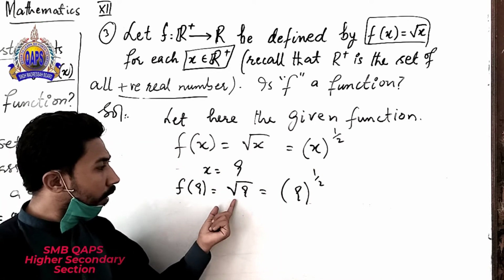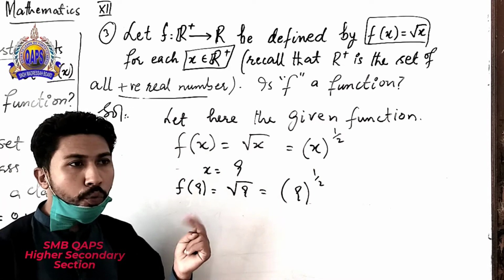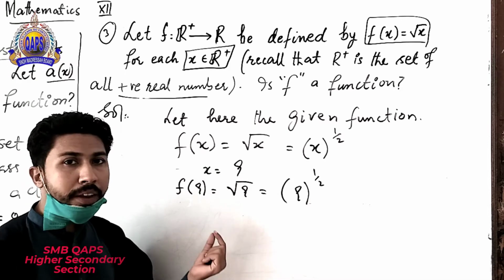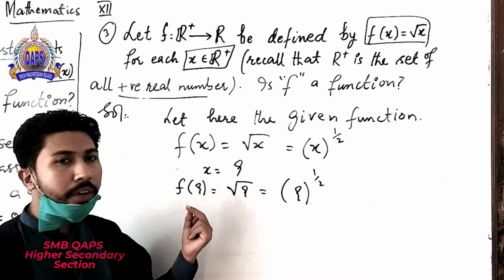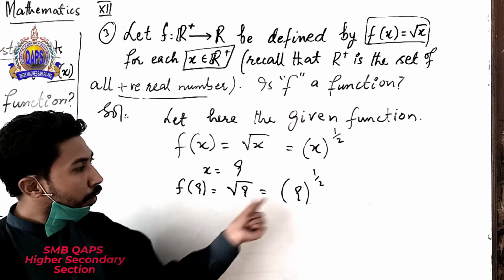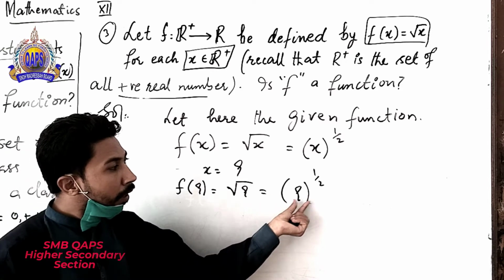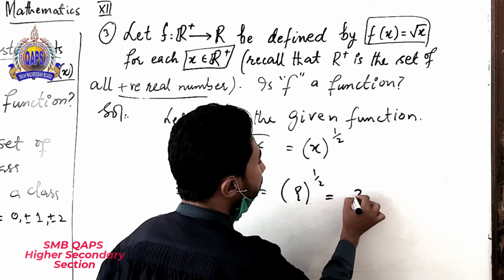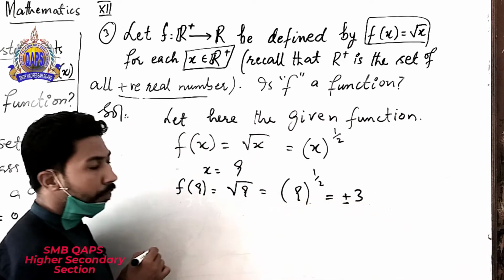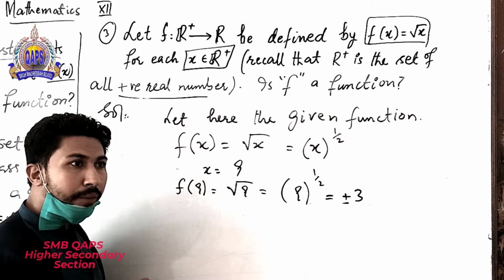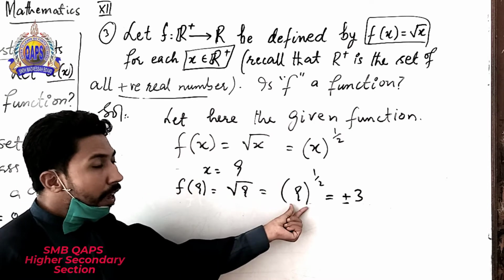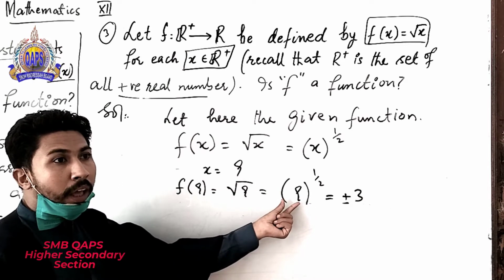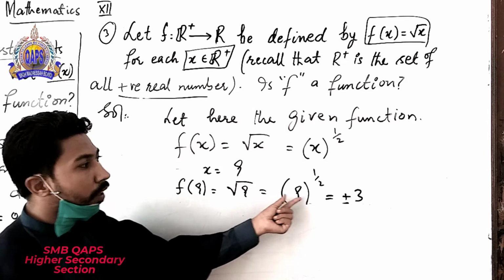In the radical sense it gives us two values: one is positive and the second is negative. So the square root of 9 is equal to 3, which can be positive or negative. How can we define it? The square root of 9 is 3.